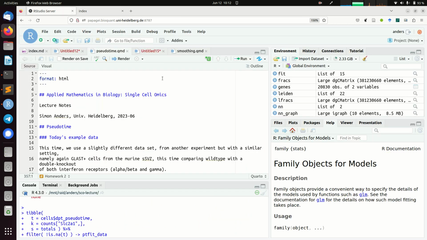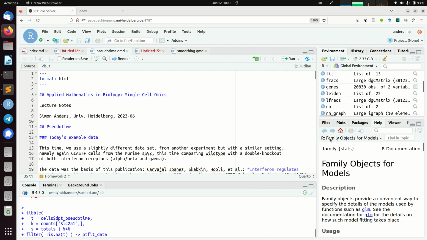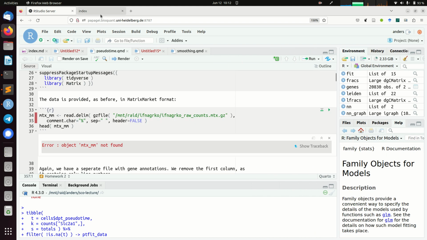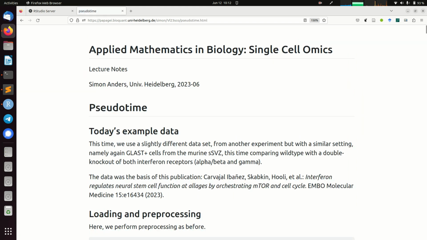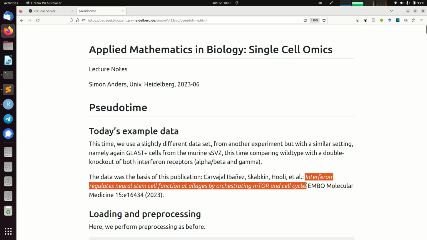So what today we want to use, I've had some trouble with the example data set we used last time. So this time I use a slightly different example data set, namely that one here, which is also Anna's group. It's more or less the same kind of experiment. Again, stem cells, astrocytes, and immature neurons taken from the subventricular zone of a mouse.